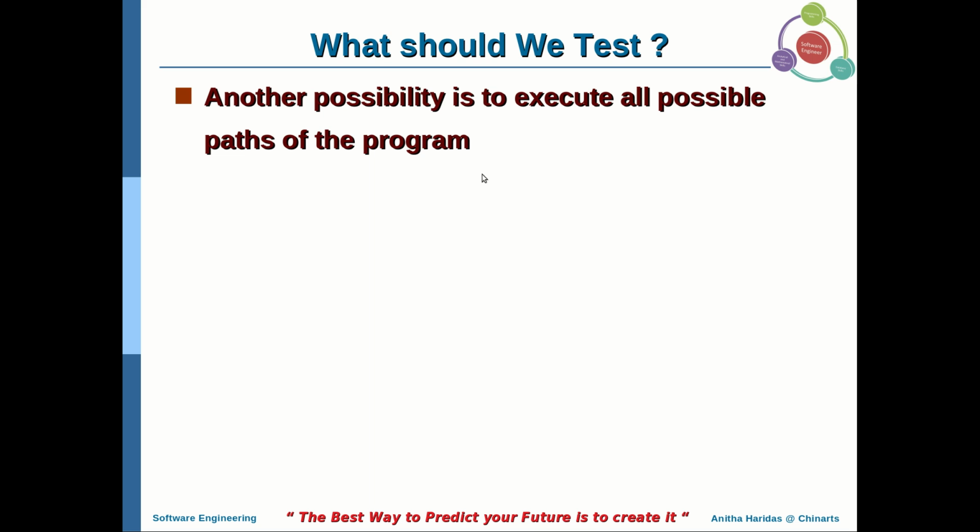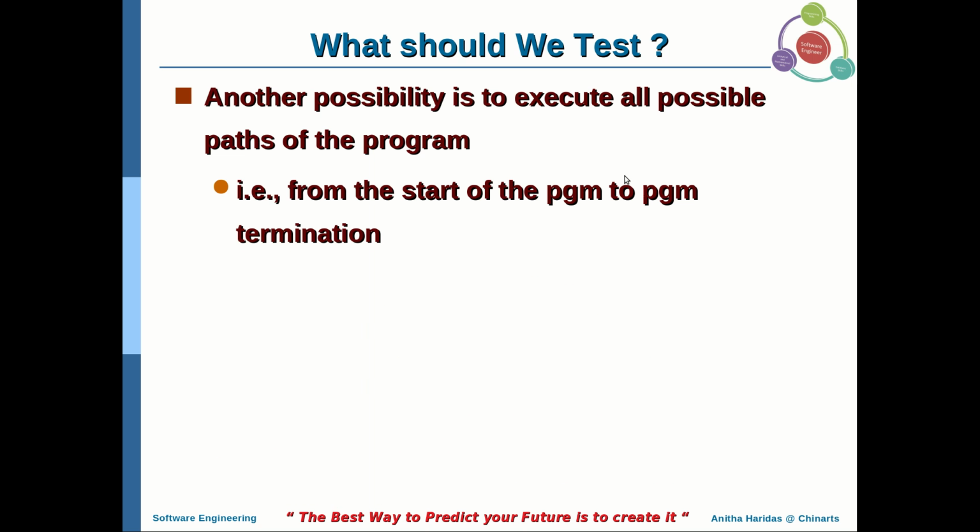Imagine if your program is a lengthier program with thousands and thousands of lines of code. Imagine how many possible paths will be there. And if your program contains lots of branching, obviously your program will have many paths for execution.